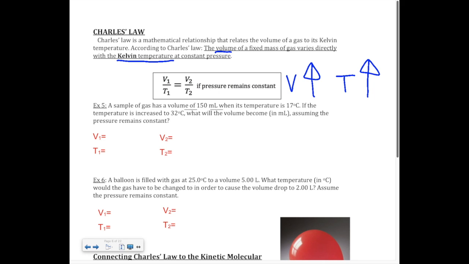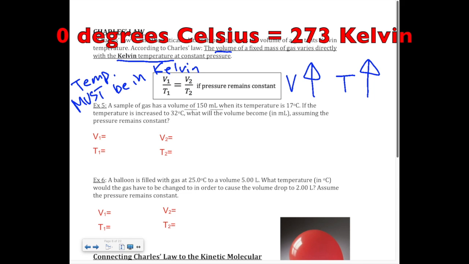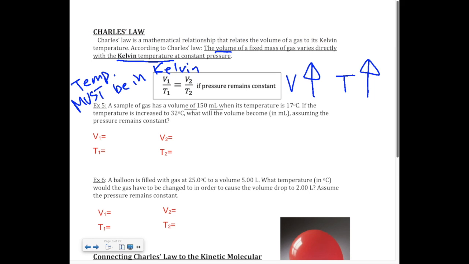Okay, so I must say right now that the temp must, all right, must be in Kelvin. All right, there is no trick, there is no shortcut for this. It must be in Kelvin, because Kelvin is an absolute zero and you cannot have a negative Kelvin. If you use Celsius, you will end up getting negative numbers and it won't work right.